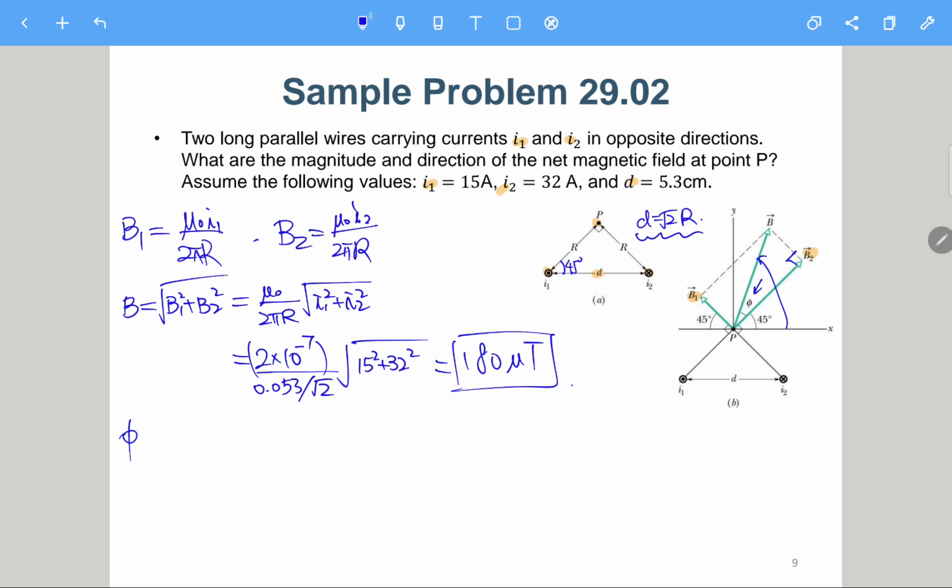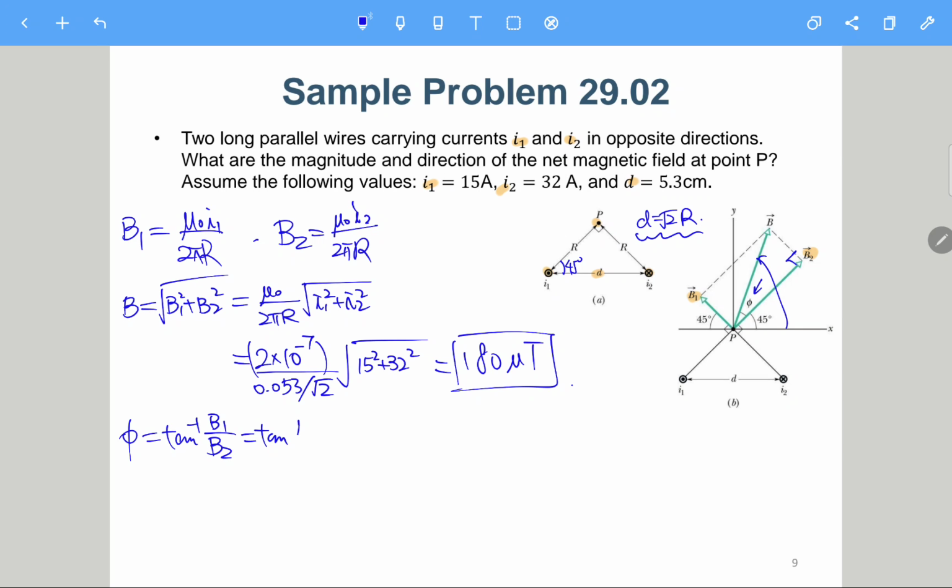So now phi, so this is B1, so this is also B1. So phi is arctangent B1 over B2, which is arctangent 15 over 32, because all the other terms will be cancelled. So the only remaining term is I1 over I2, or maybe I can write it with one more step.